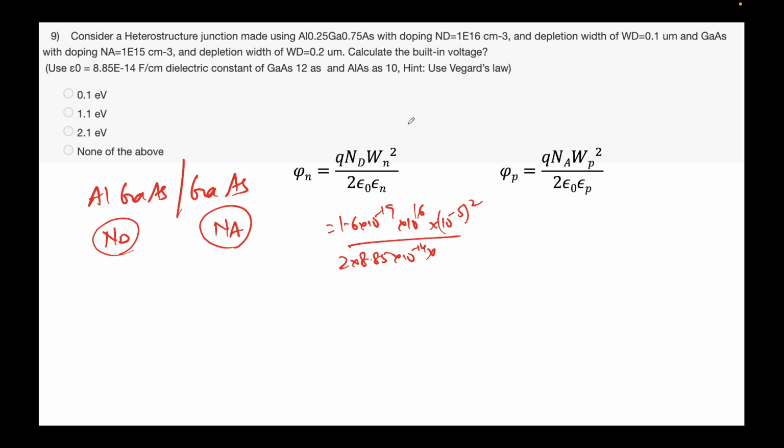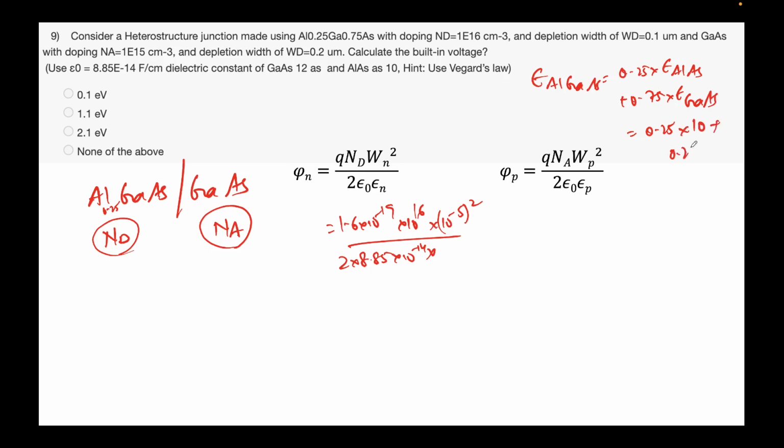Again, we can use Vegard's law. So what will epsilon be for AlGaAs? It will be 0.25 times epsilon for aluminum arsenide, because the aluminum mole fraction is 0.25, plus 0.75 times epsilon of gallium arsenide. Aluminum arsenide is, I believe, 10.